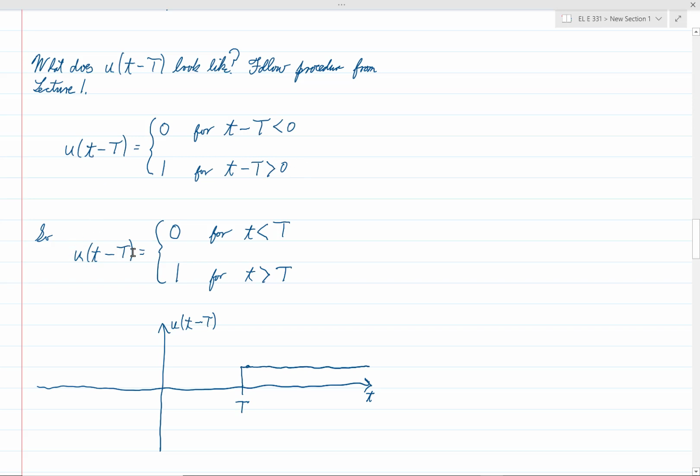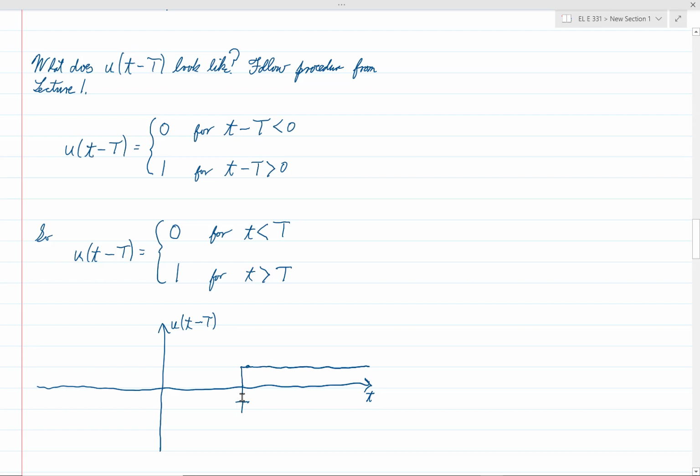And so we get finally this expression right here, u of little t minus capital T is equal to 0 for little t less than big T, and it's equal to 1 for little t greater than big T. So it looks like this. So the effect of adding in that negative capital T in the argument has just been to shift the function to the right by the amount capital T.